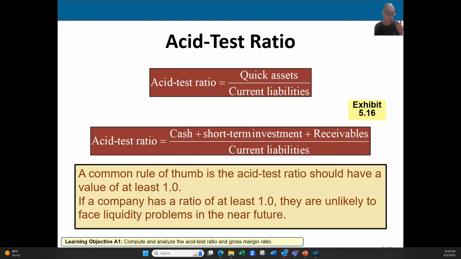Anything below 1, we've got problems. For the acid test ratio, we take what we call quick assets, which quickly convert to cash, divided by current liabilities. The quick assets are cash plus short-term investments plus receivables. Those are the quickest things I can convert to cash. Add those all together, divide by current liabilities, and that gives me the acid test ratio.